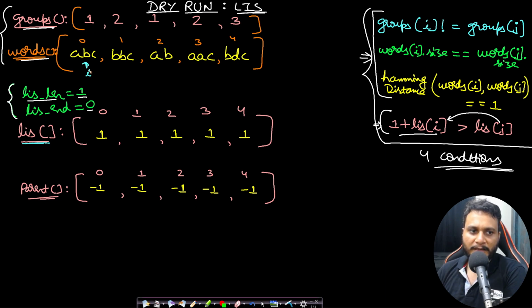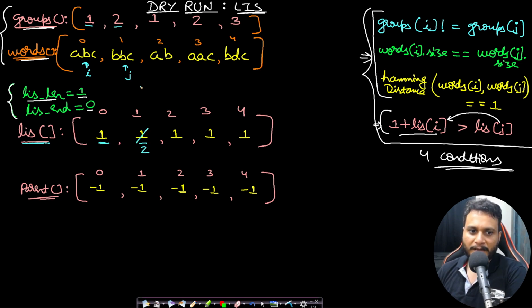So I'll be starting my index I at 0, and index j will be from I plus 1 till the end. And see, can I include this BBC after ABC? The groups are different. The Hamming distance is 1 and the length is same, isn't it? So I can include the jth item after ith item. So is it increasing our length? Yes, 1 plus 1 is 2. It is increasing our length.